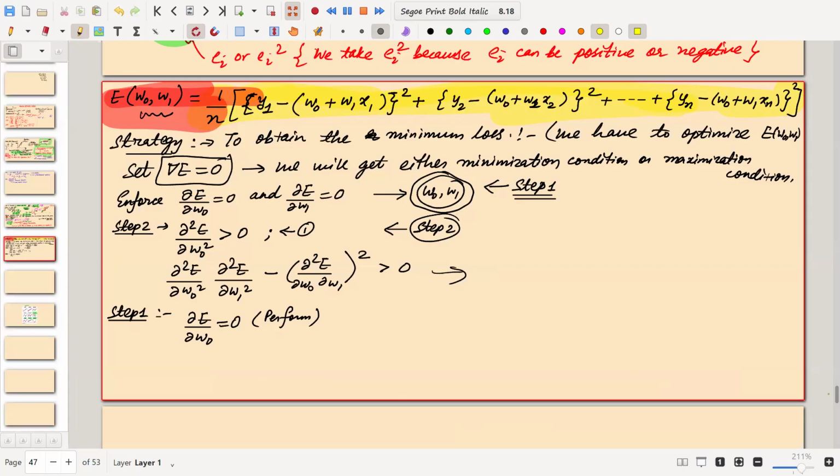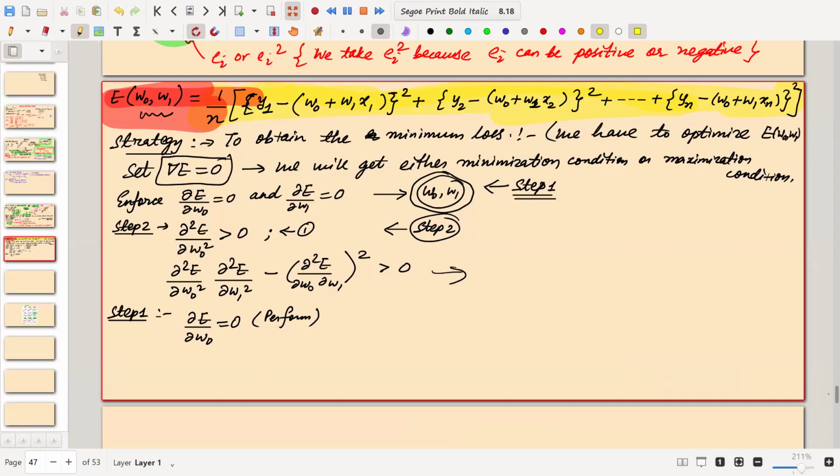What will this point on the line be? This is x1, comma, w0 plus w1 x1, isn't it? We want to compute the difference between them. That is the residual.